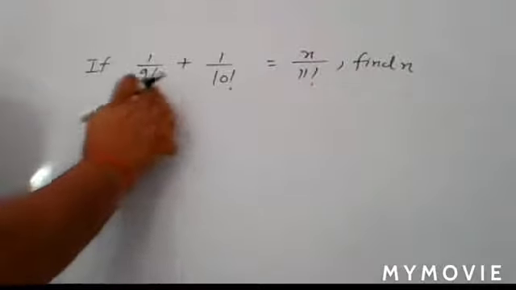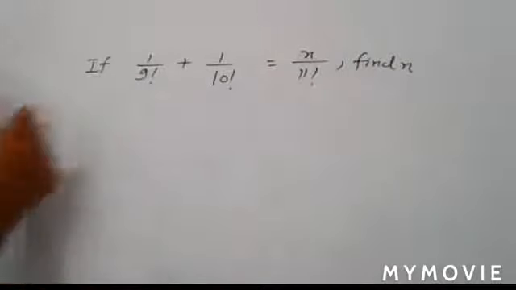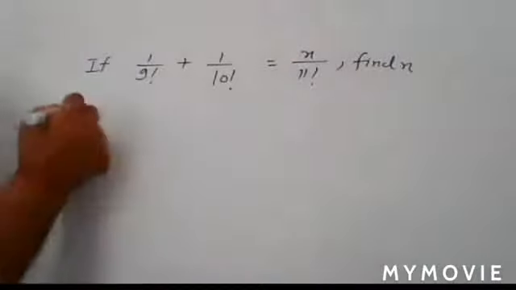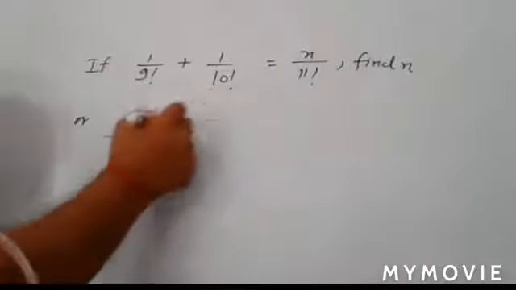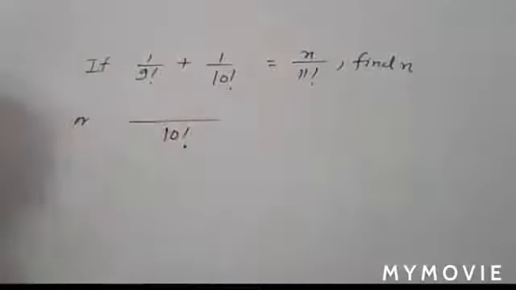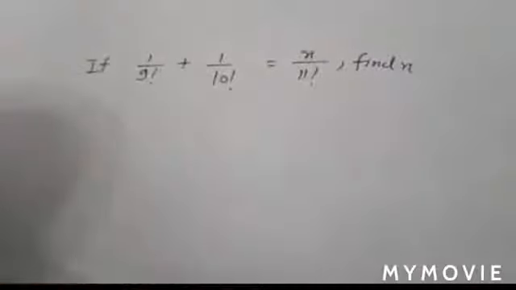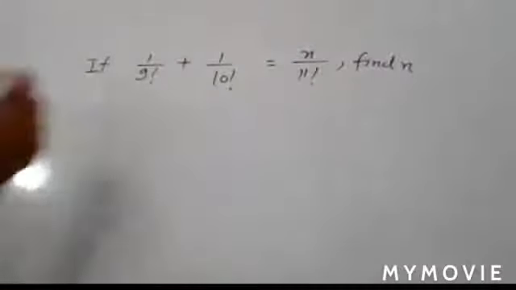Understand? Just see here, the LCM of 9 factorial and 10 factorial is what? The factorial with the greater number. Yes, 10 factorial is your LCM. If you have any doubt, just take one more step and that will be more clear.